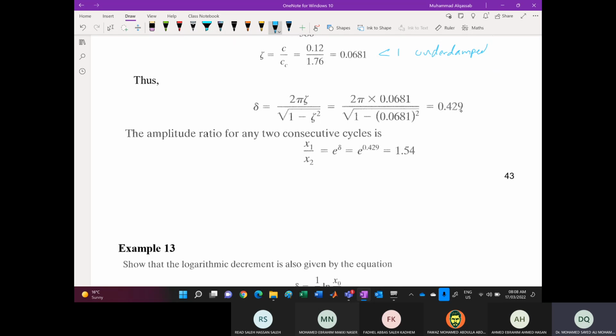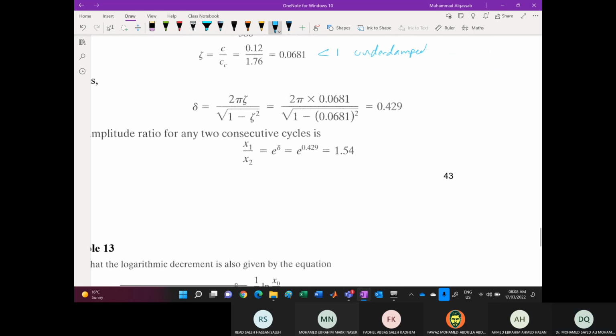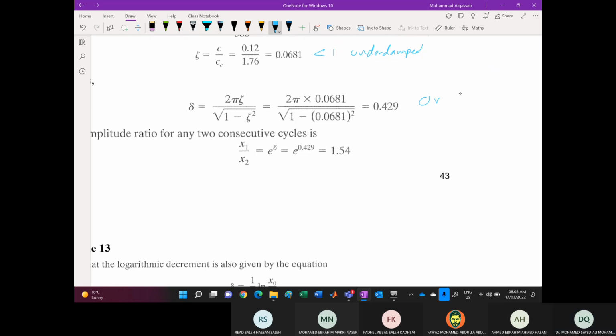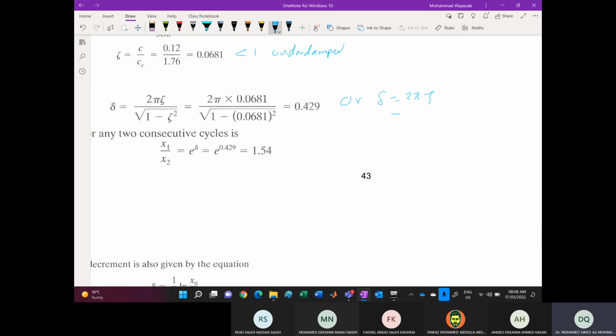We get 0.429. With zeta 0.0681, you can use delta equal to 2 pi zeta as well, because this will be small. 2 pi times 0.0681 will be almost similar.